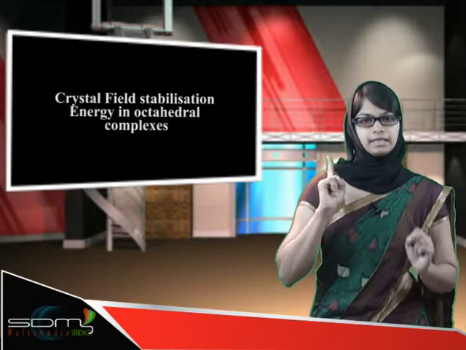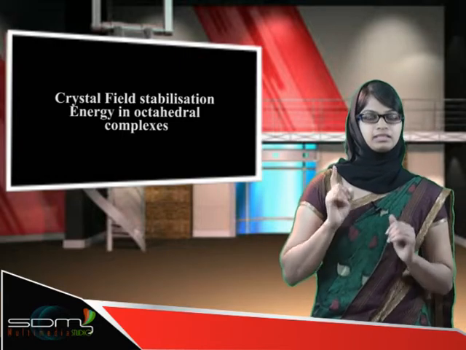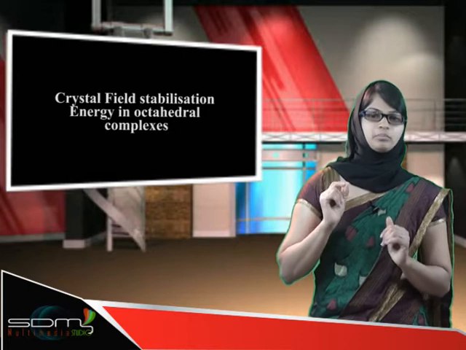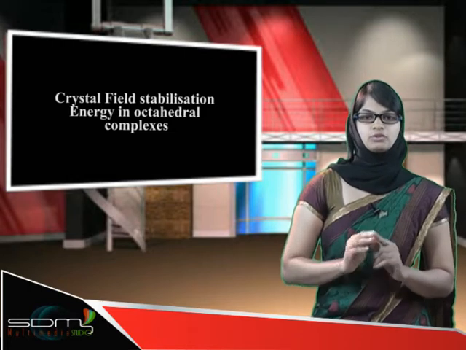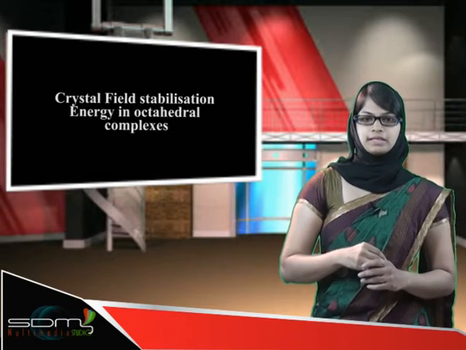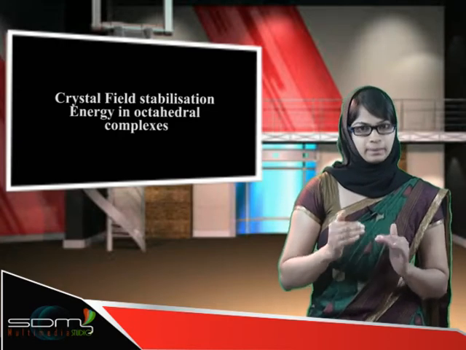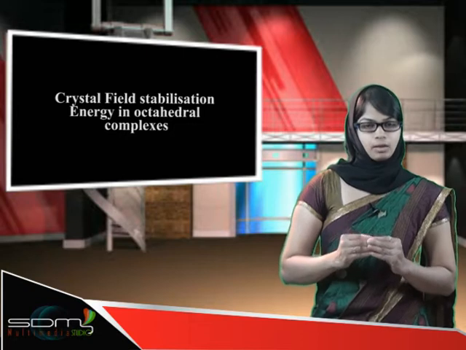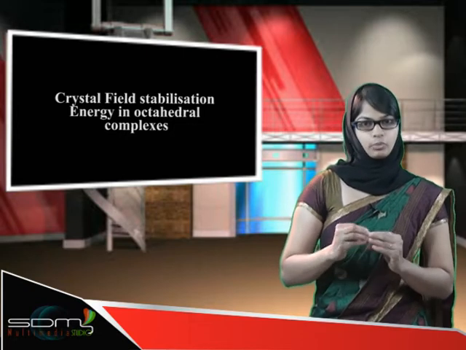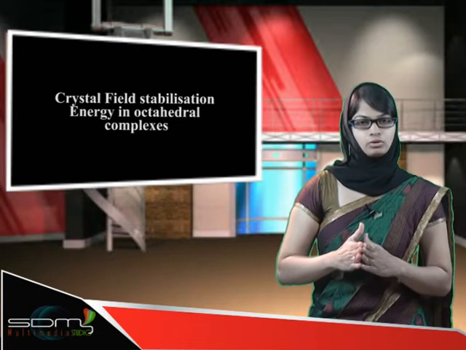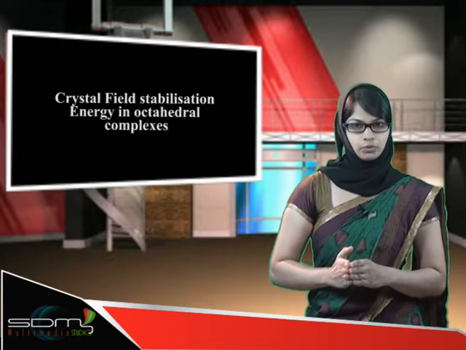Therefore in a d1 system, with one electron, it prefers to move to one of the t2g orbitals, and that one electron is stabilized by minus 0.4 delta O or minus 4 Dq.